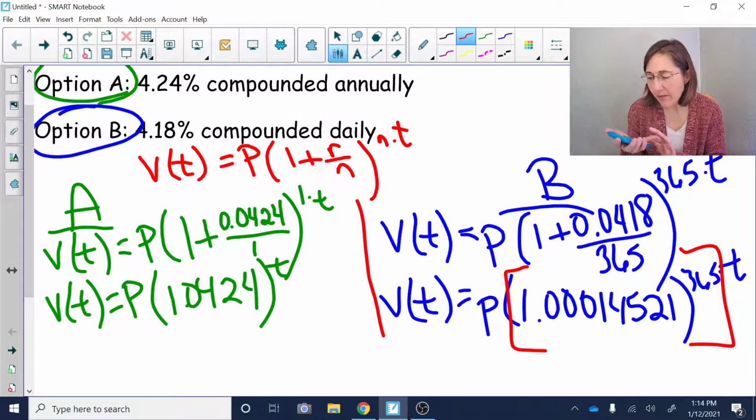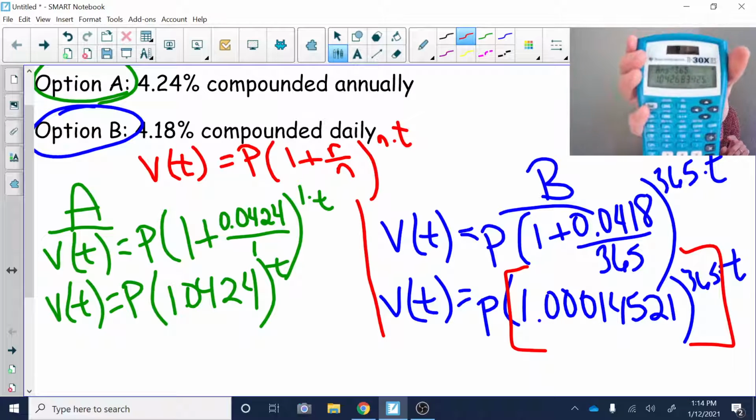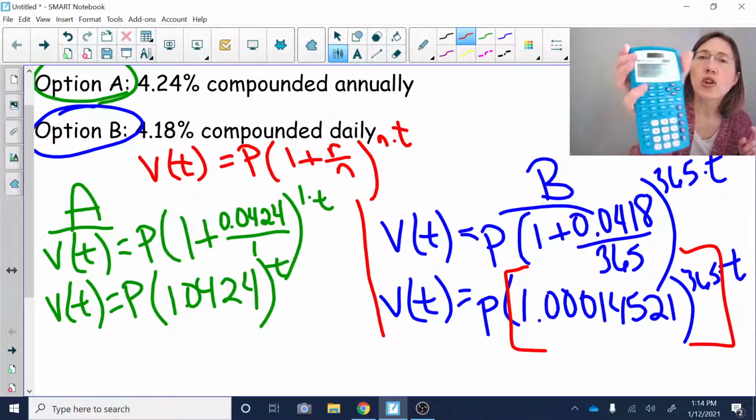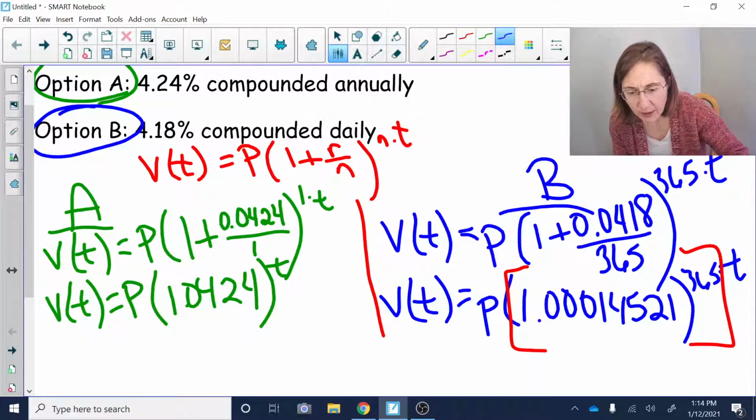So I'm going to raise what I have on my calculator to the 365th power, and I get 1.04268, etc.